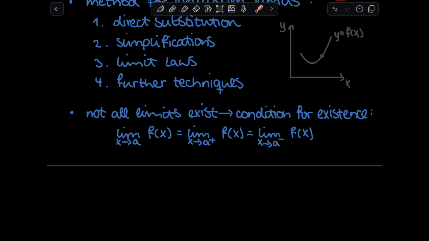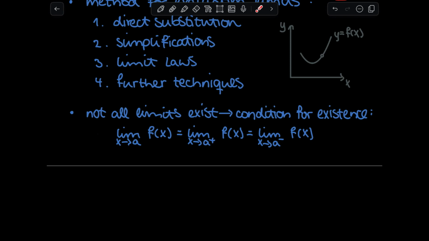Now, x tending to a plus or a minus, well, for example, x tending to a plus would be looking at y values as x tends to a, but for values slightly bigger than a. So that would mean as x approaches a from the right side.